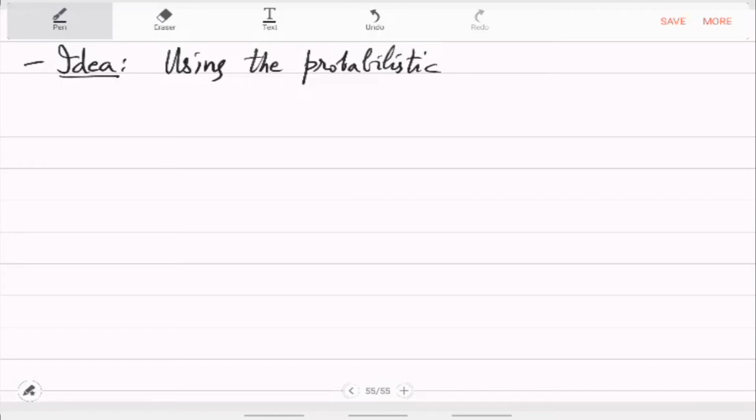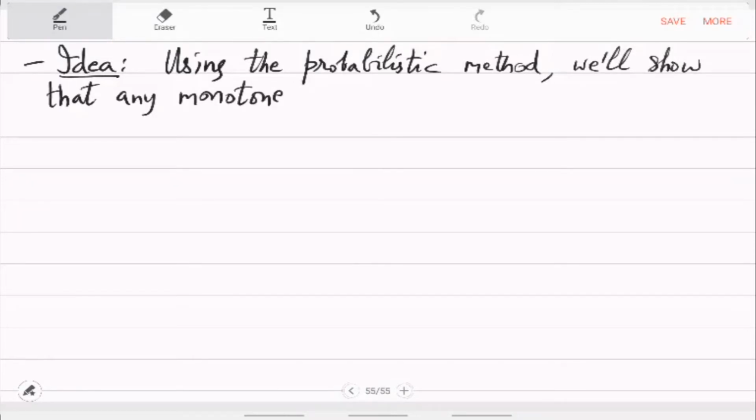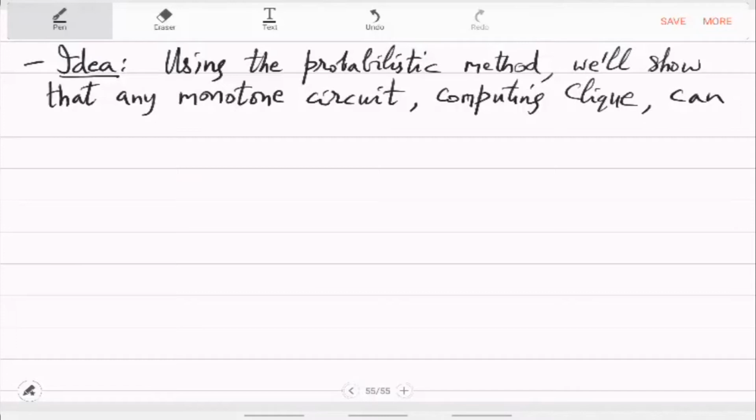So using the probabilistic method, we will show that any monotone circuit computing clique can be approximated.